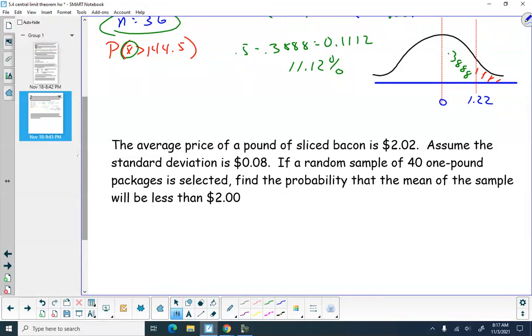Okay? Average price of a pound of sliced bacon is $2.02. Assume the standard deviation is 8 pennies. A random sample of 40 one-pound packages is selected. Find the probability that the mean of the sample is less than $2.